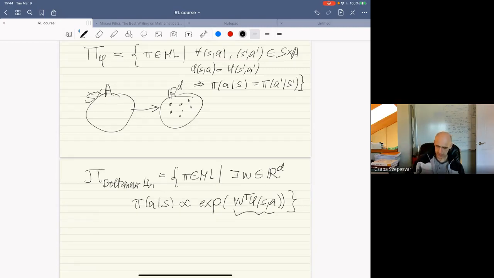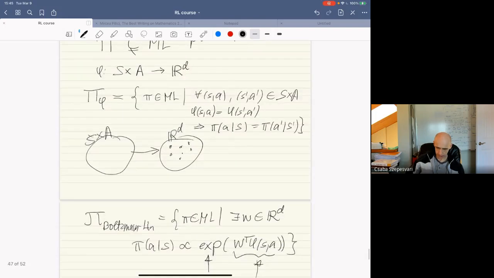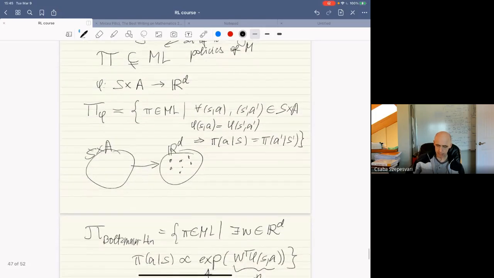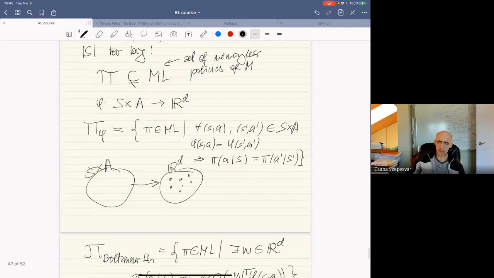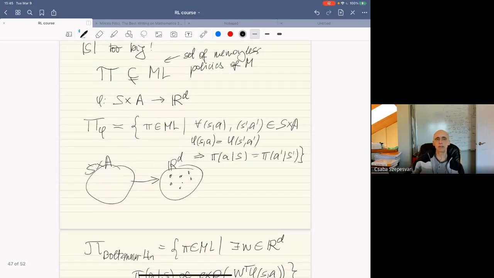There are many examples that people devise. You can come up with other functions here. This thing doesn't necessarily have to be linear, and so on and so forth. There's a large number of possibilities. The most obvious question to ask is, are we going to be able to efficiently search within this class of policies for a policy that is best suited to our purposes?